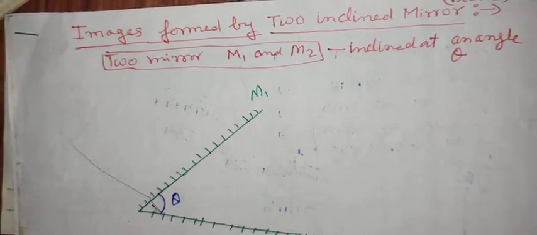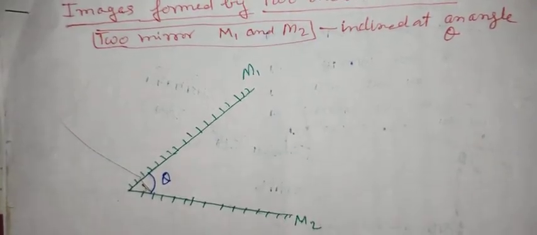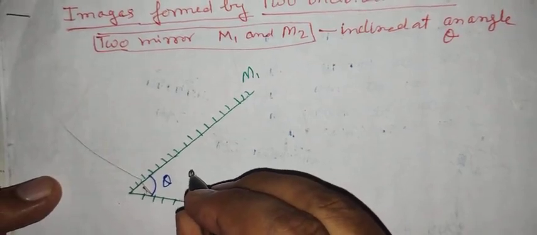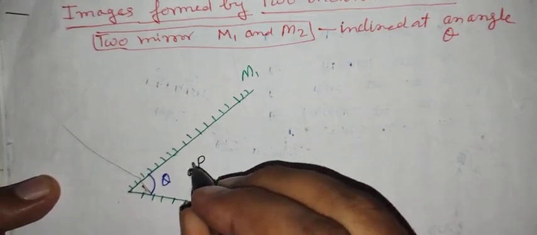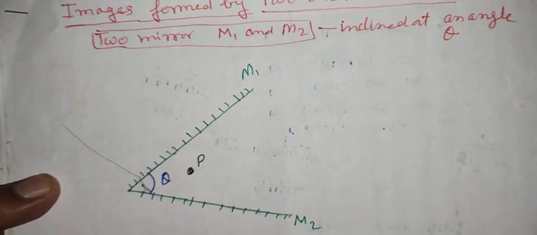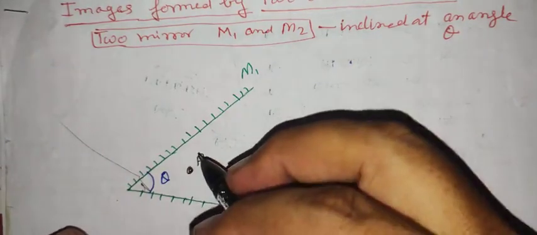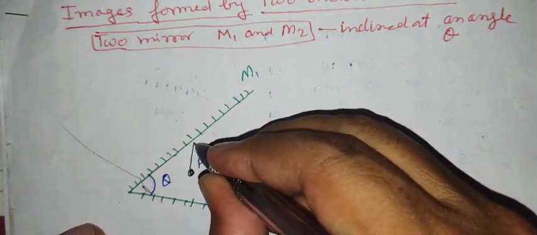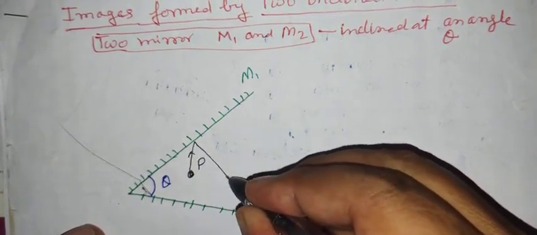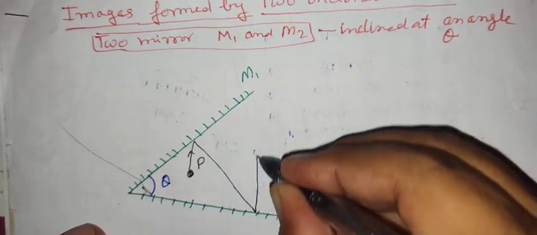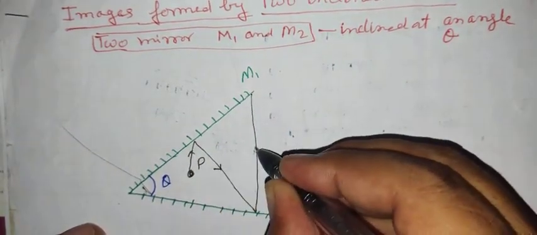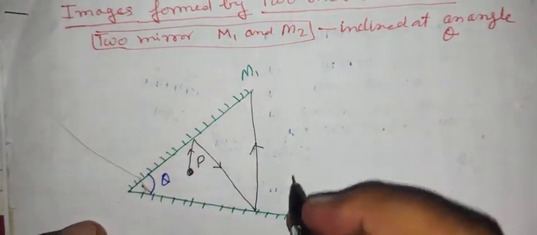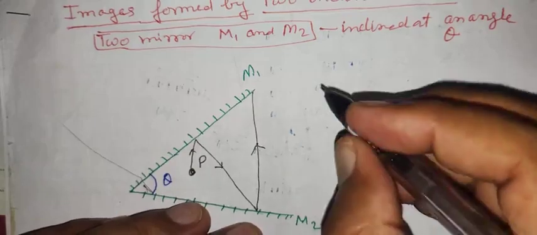The second mirror is M2, and a point object P is placed, and when we see a ray from this, this shows multiple reflection phenomena. See very carefully.